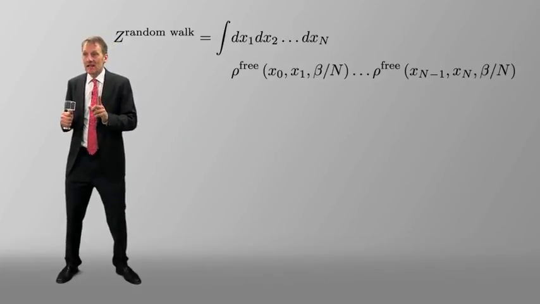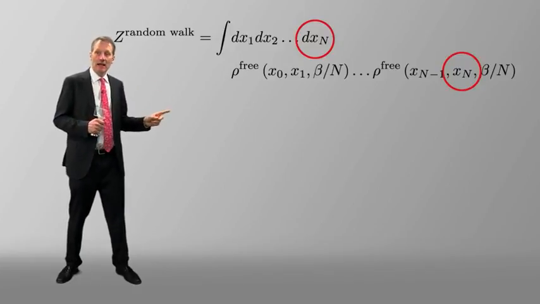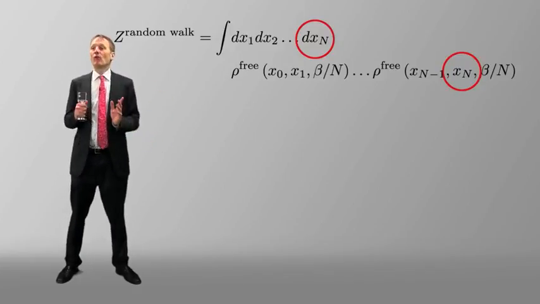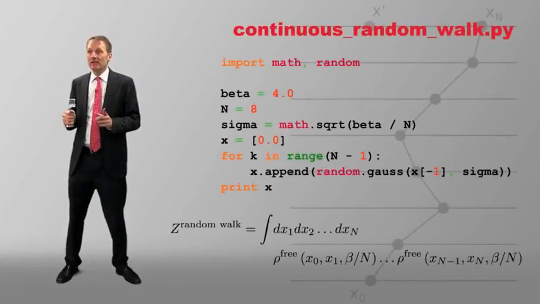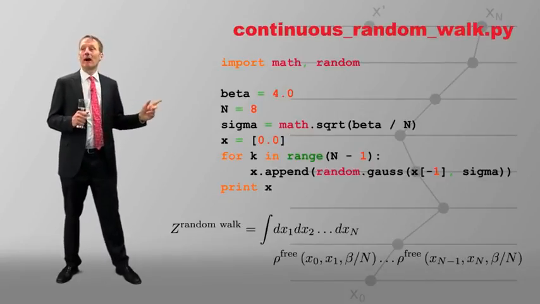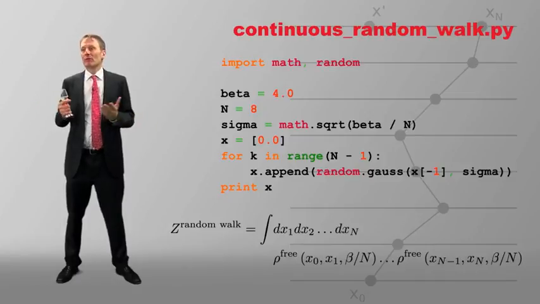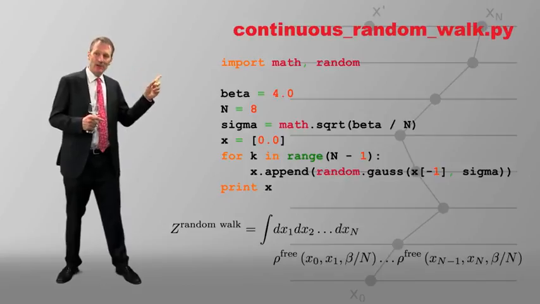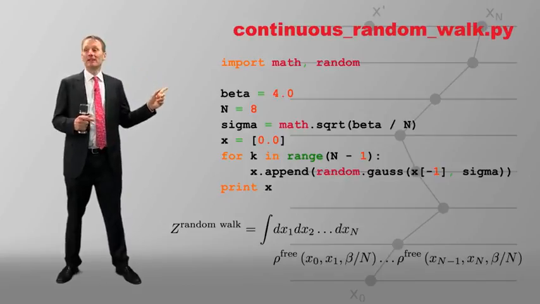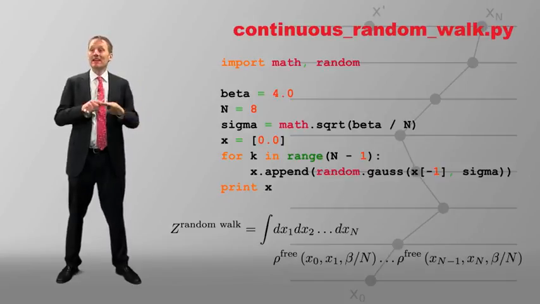And notice that we would sample over the position xn, that means we integrate over the variable xn. This is implemented in the algorithm continuous_random_walk.py. But of course, the probability to hit the position x prime at tau equal to beta, the probability that xn is equal to x prime, is equal to 0.